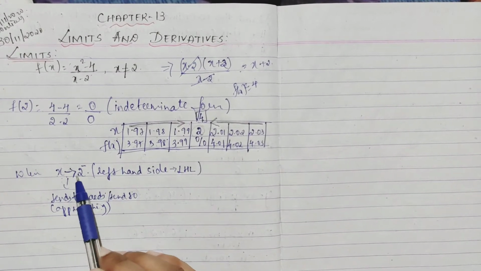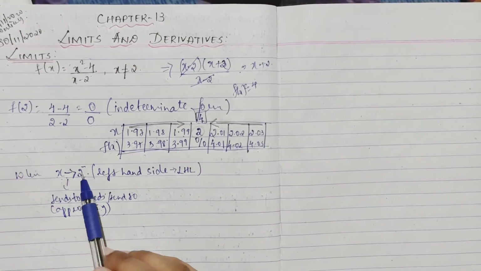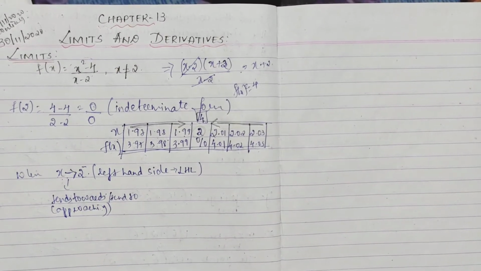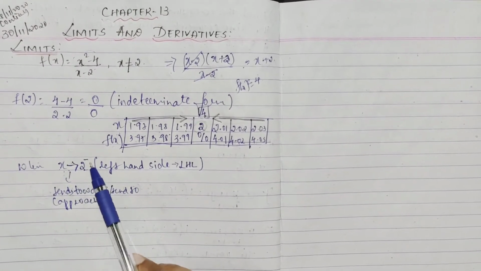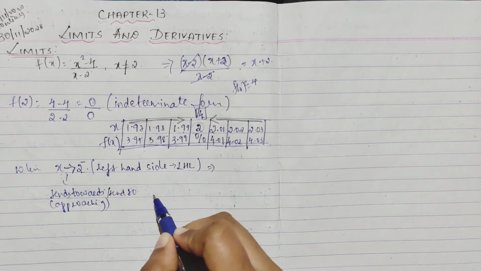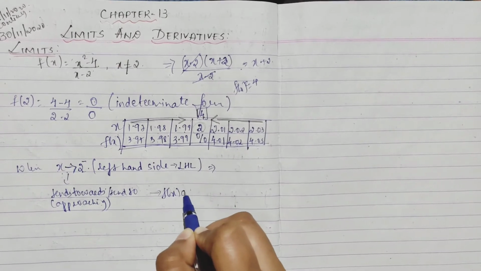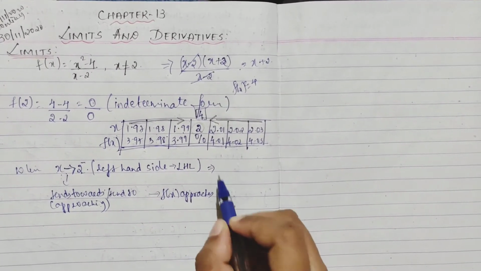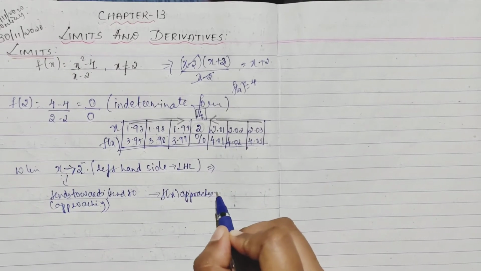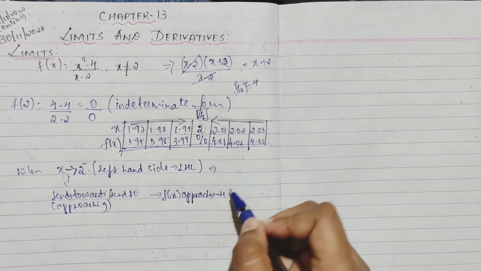When your x is approaching from the left hand side, your f of x is what? Yes, when x is tending towards the left hand side, f of x approaches or tends to where? 4, right? Approaches 4. So how can I write it?